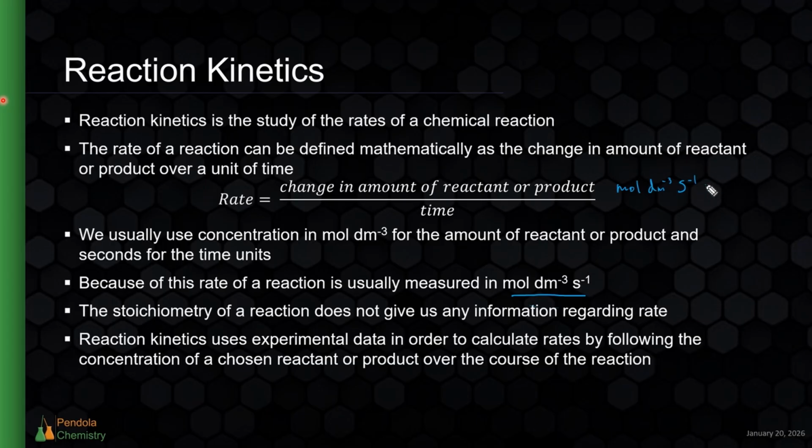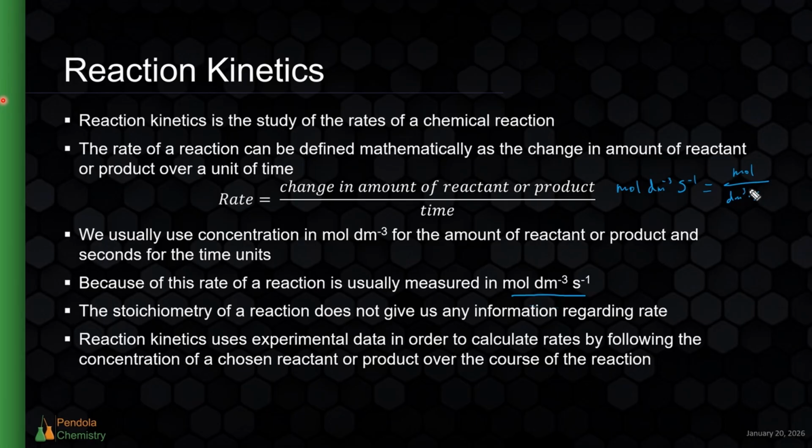Remember that this is the same as saying moles divided by dm cubed times s. So it's the amount of change in concentration, moles per cubic decimeter, per unit of time, or seconds.